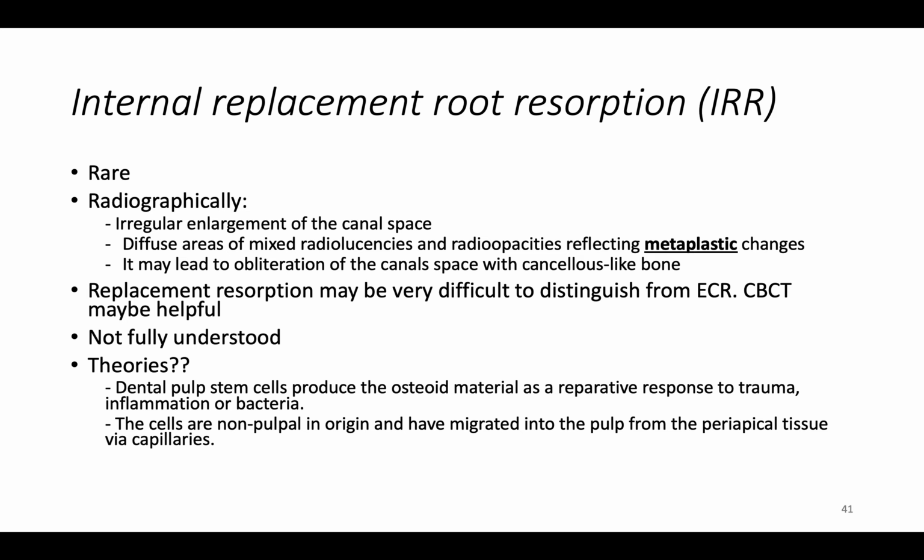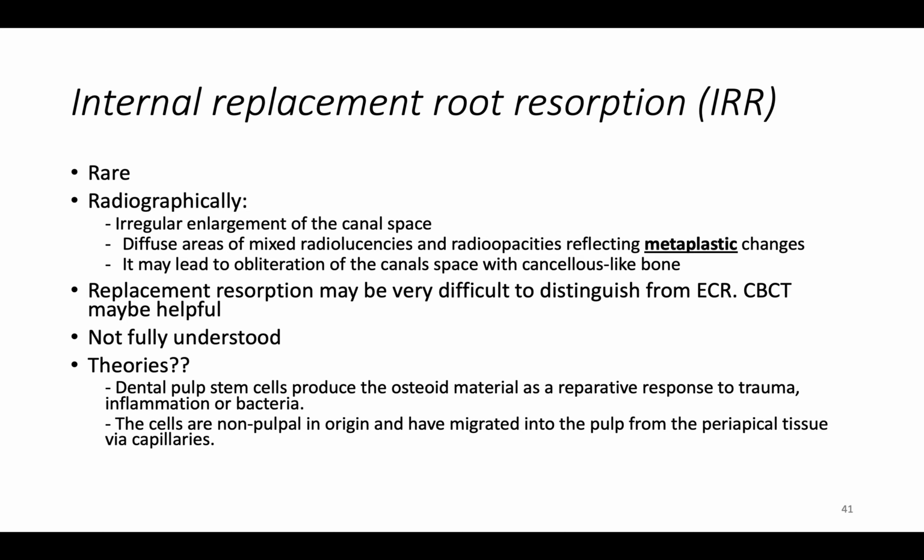The last type of internal resorption is the internal replacement root resorption. It's very rare. Okay, in general, internal resorption is more rare than the external resorption. External resorption is more common than the internal resorption.